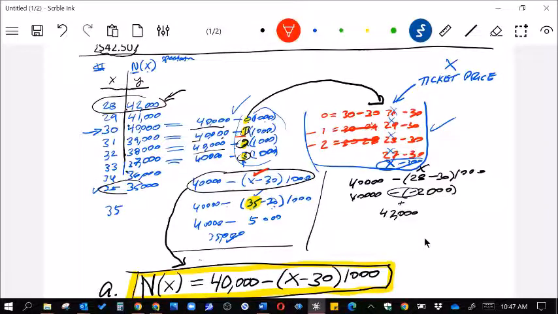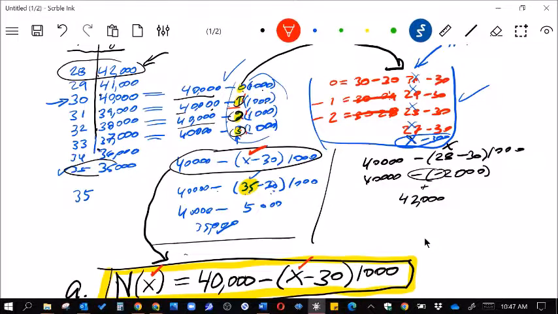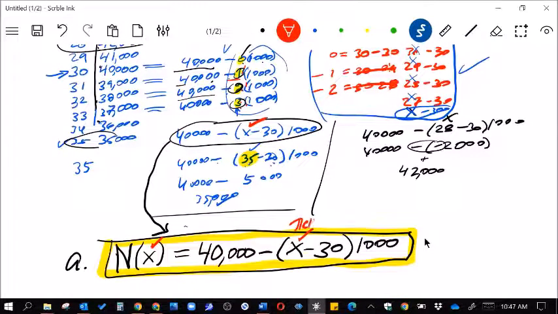I needed to base this whole thing on the ticket price, not on the increase or the decrease of the ticket price, which is why I could not use 0, 1, 2, 3. Plus, I don't know how much increase that is each time anyway. But this way, the variable in the equation is the ticket price.